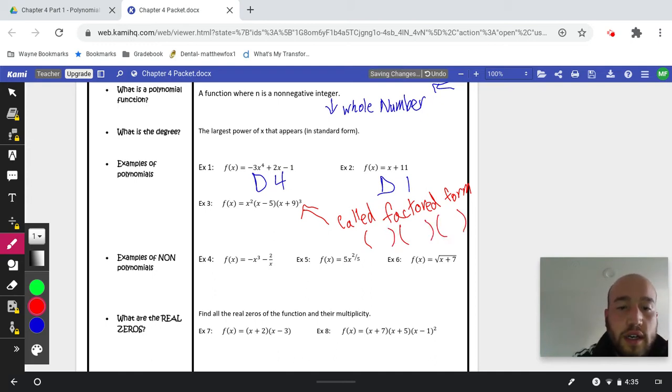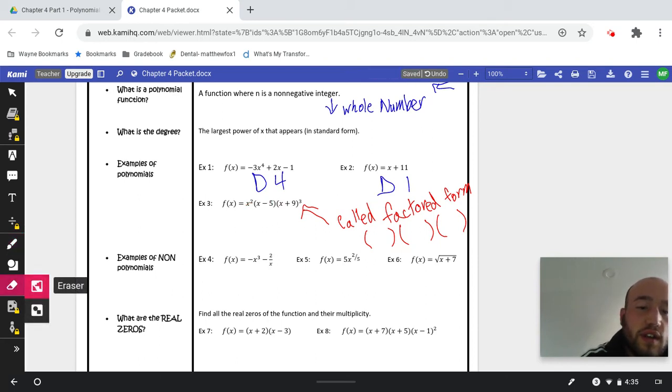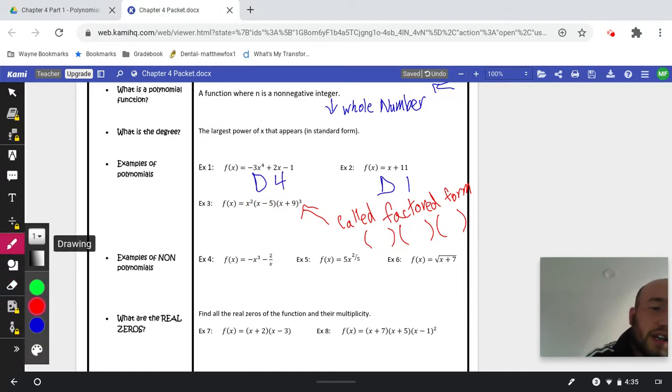If we would multiply this all out back into standard form, this x would come in there, and then we'd multiply it again. So what we need to do to find our degree is simply add up all of our x's. At the front here, we have 2. Right here, we have another 1. And here at the end, x, but it's to the third, so it'll be 3. So 2 plus 1 plus 3 gives us a degree of 6 for that one.